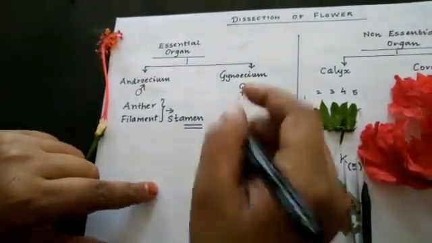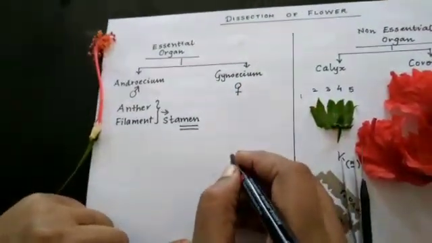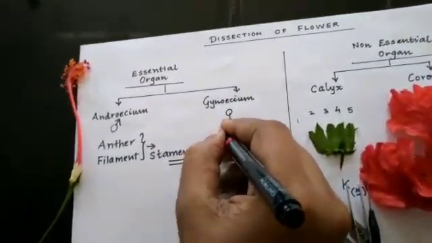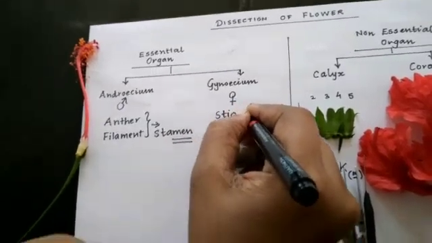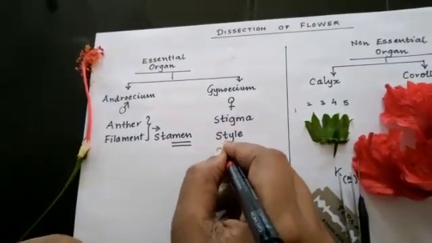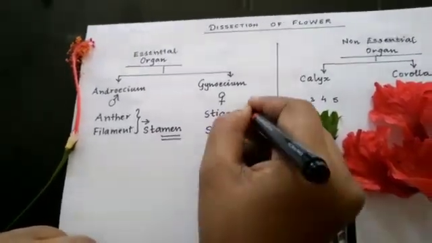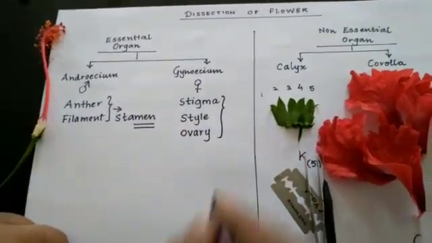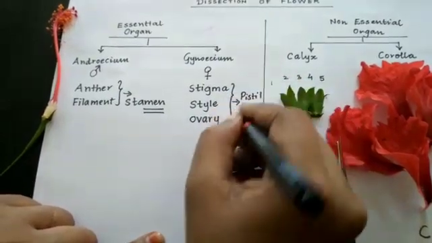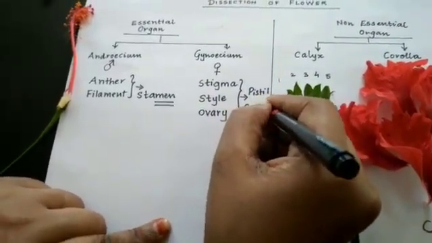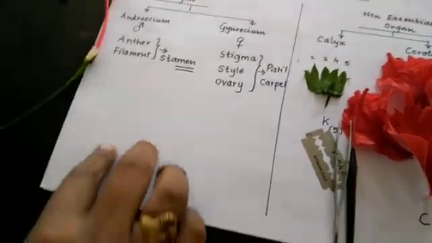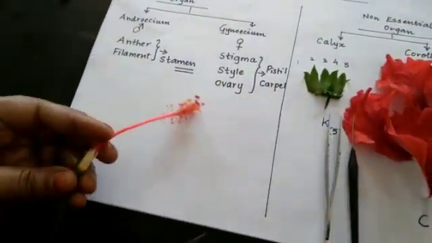Then gynoecium, also known as pistil, has 3 parts: stigma, style and ovary, collectively known as pistil or carpel. Now we'll dissect the 2 parts, androecium and gynoecium.